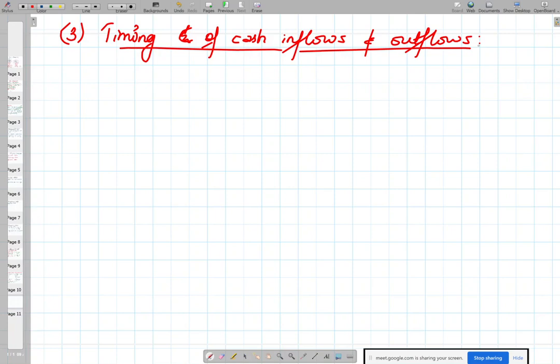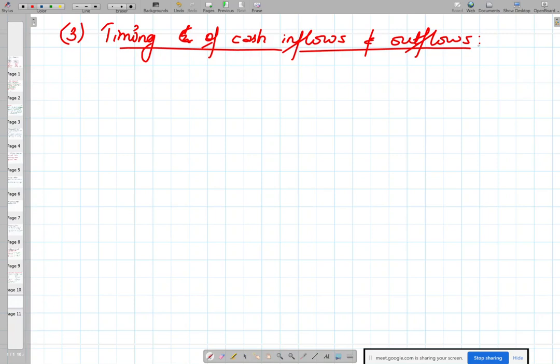Correct? So, also the timing. That means there may be a certain time of the week or month where outflows are a lot, but inflows are very little. Inflows do not come at all. This timing of the two generally does not match in the case of the majority of businesses.